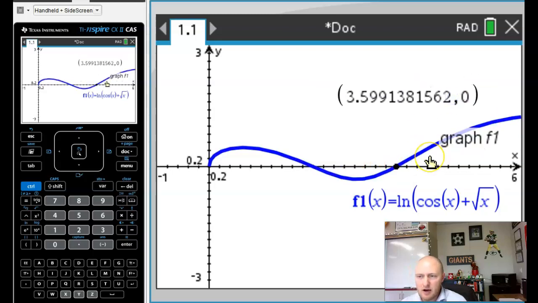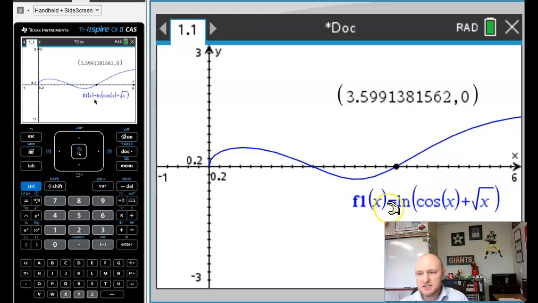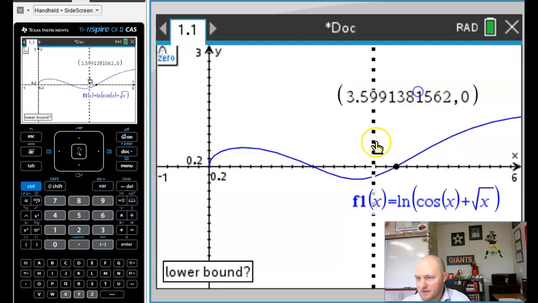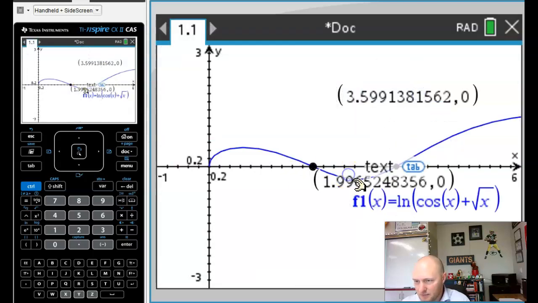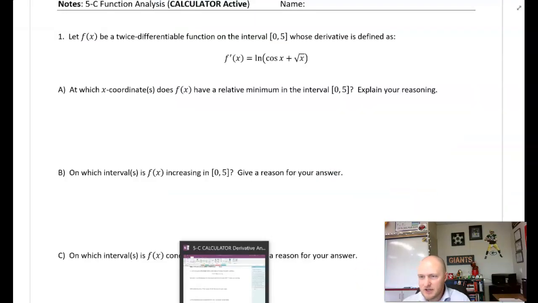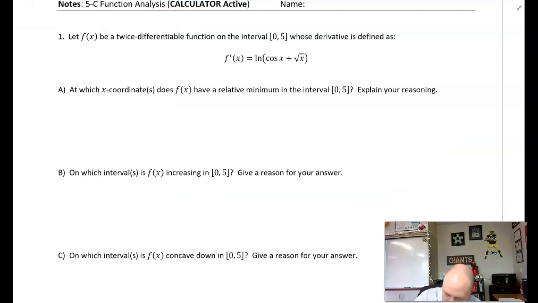Now, if you wanted to make a sign chart about this, you could do this. You would also want to find this zero here, which is 1.996 or 997. So I'll make here an f prime chart.